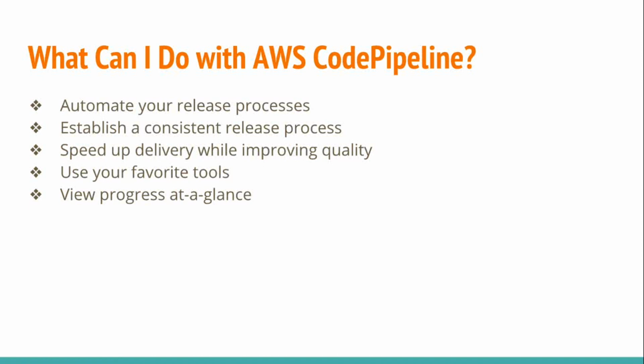Okay, so whenever we have bug fixes or new features that we want to give to the customers, you can use your favorite tools, plug in your existing code and source, and build and deploy it. Tools like AWS CodeCommit or GitHub.